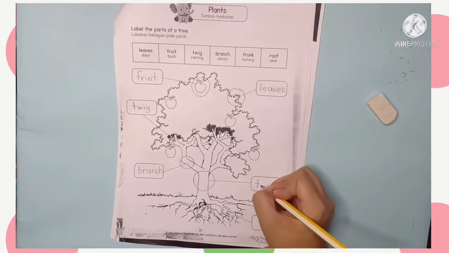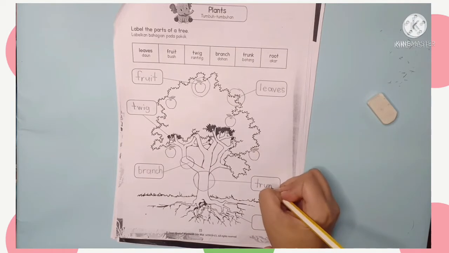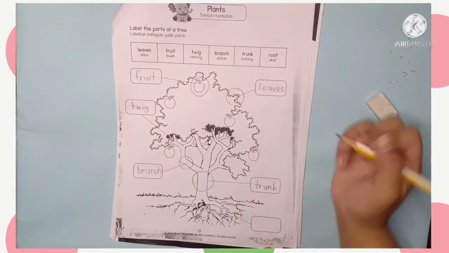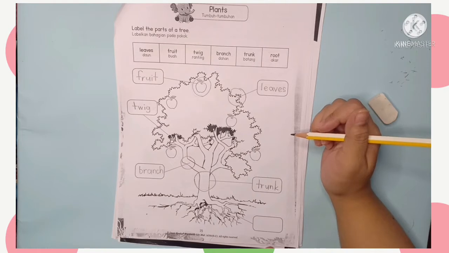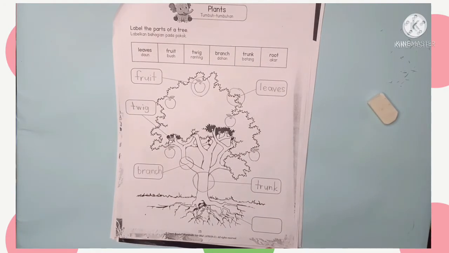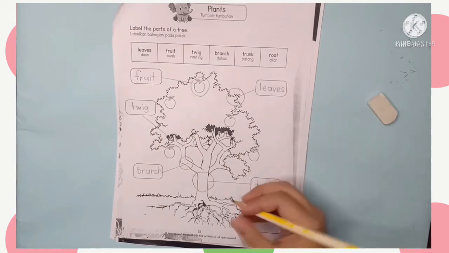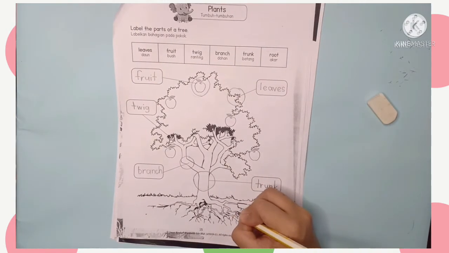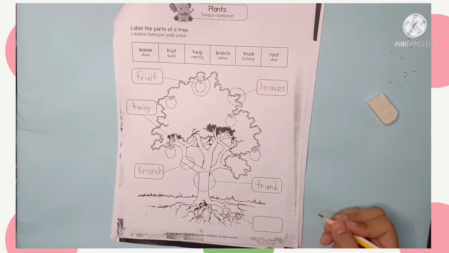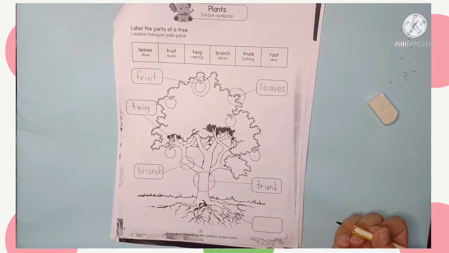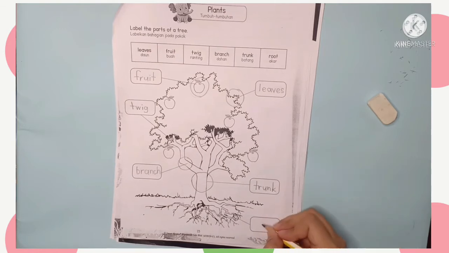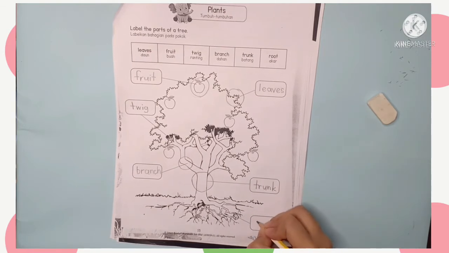T-R-U-N-K. Trunk. Okay, now the last part here. Can you tell me what we call this part of the tree? Here, this one. This is the root. Yes, root. Akar. Let's write down the word root.